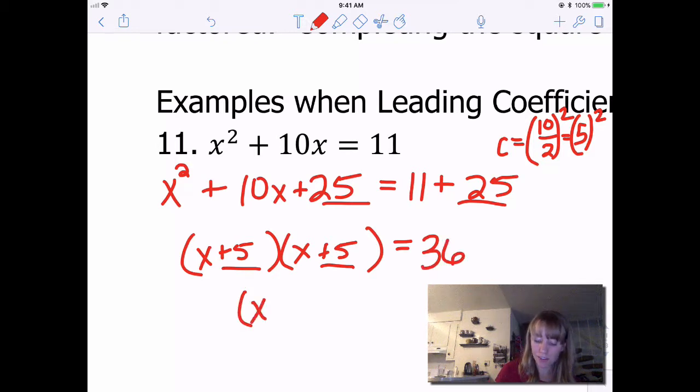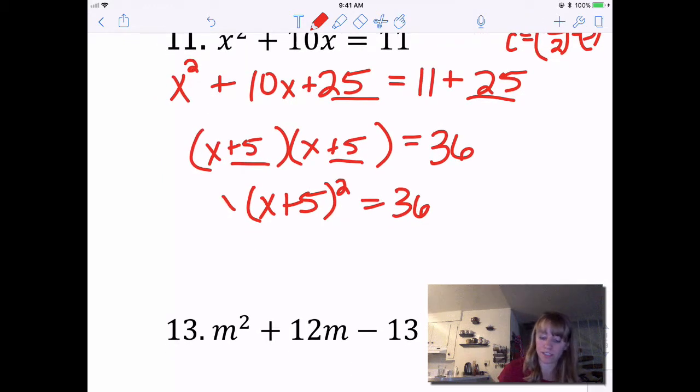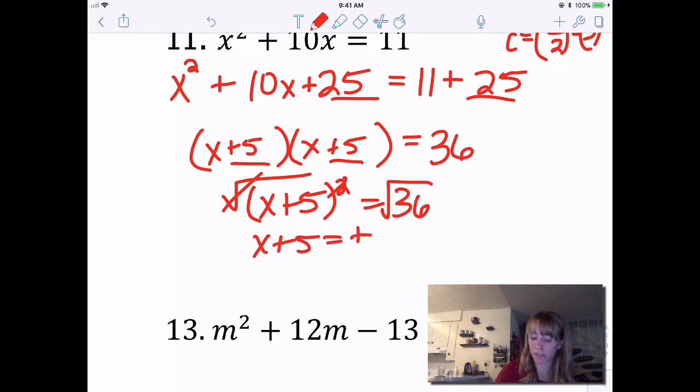And the nice thing now is that I can say x plus 5 squared is equal to 36. This is something that I can use the square root property for. So I take a square root on both sides. X plus 5 is equal to plus or minus whatever the square root of 36 is. We happen to know that the square root of 36 is 6.